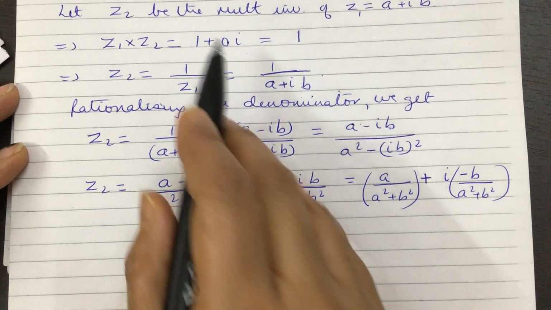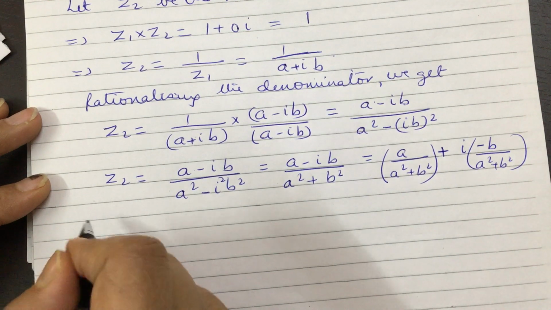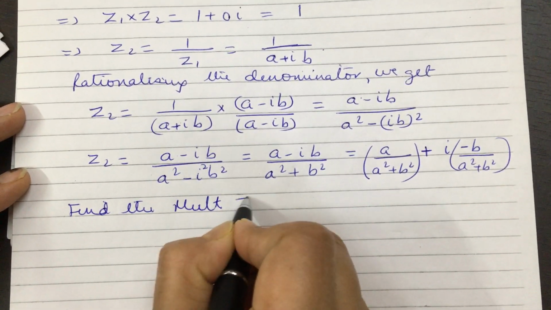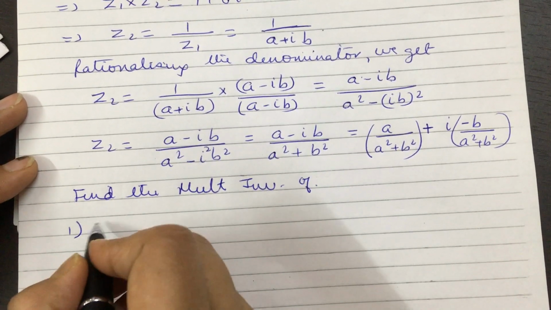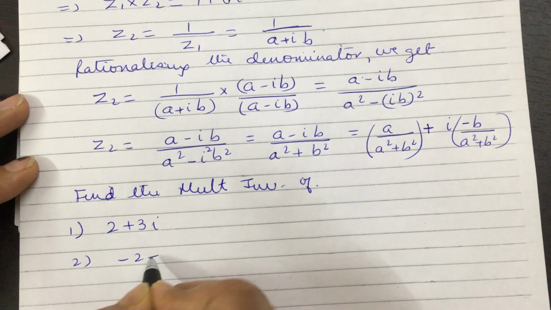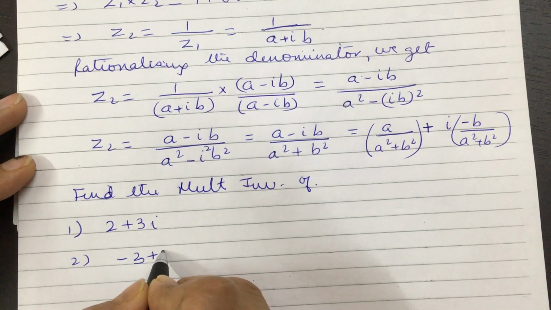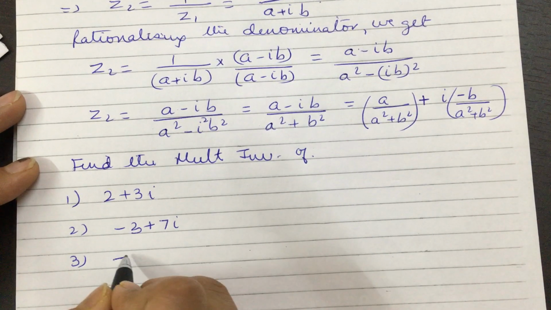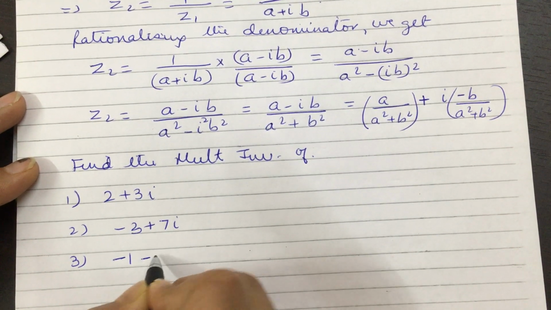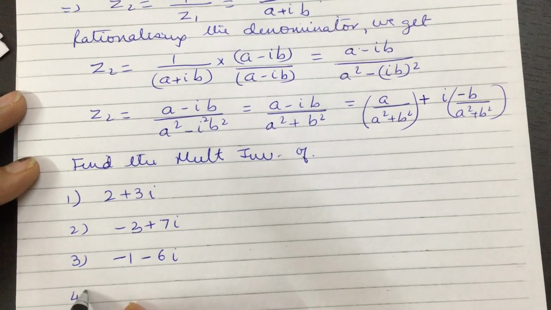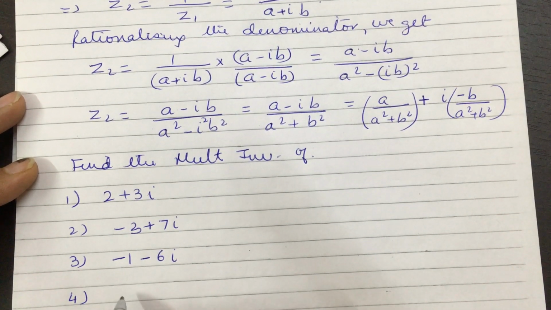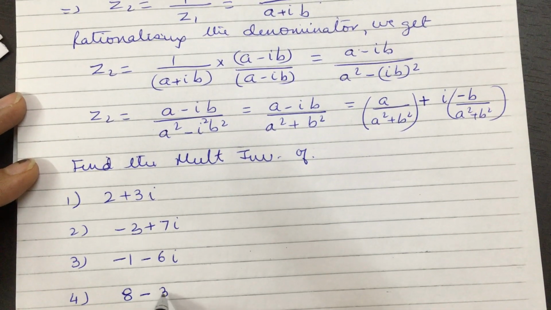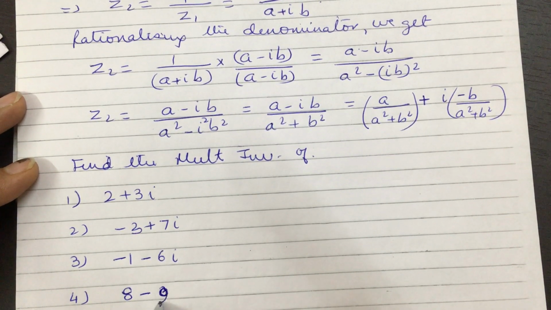You don't have to mug up this result, simply do the procedure and get this. So to start with, let us do some questions, that is, find the multiplicative inverse of first number, let's say 2 plus 3i, second number minus 3 plus 7i, third number minus 1 minus 6i, and fourth number, let's take it as 8 minus 9i.